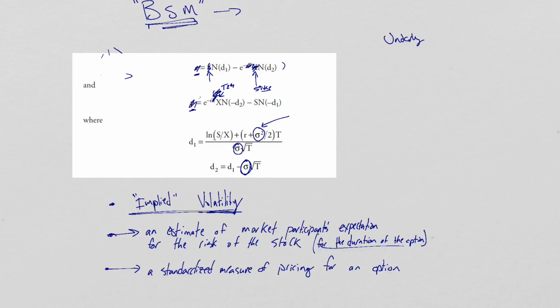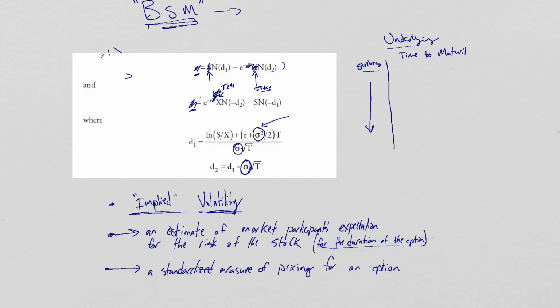The same underlying will have a number of strikes. Apple, for example, may have at any given time more than 50,000 different options you can buy. Calls, puts, across a number of different strikes and across a number of different expiration dates.